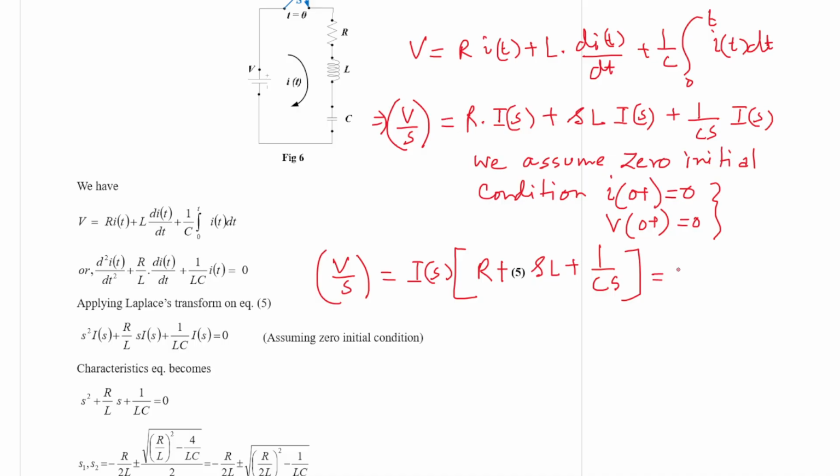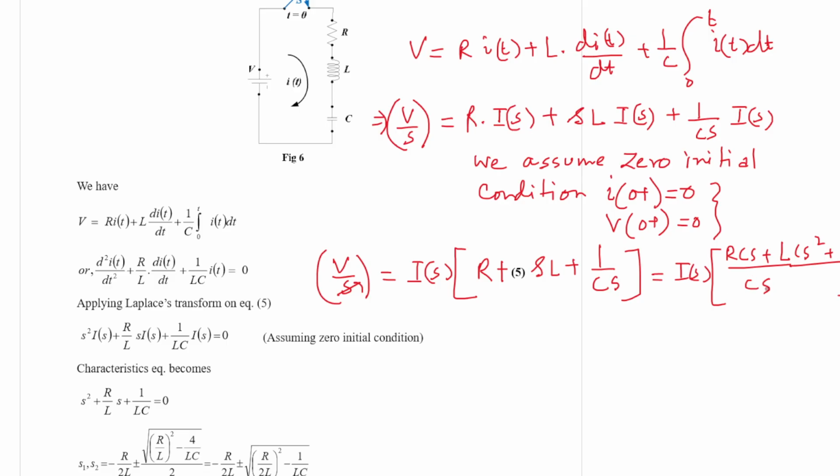In the denominator it will be 1 by Cs, so the first term will be RCS plus LC S square plus 1.